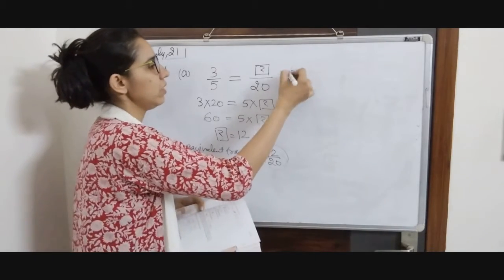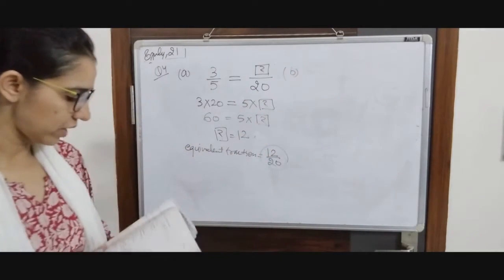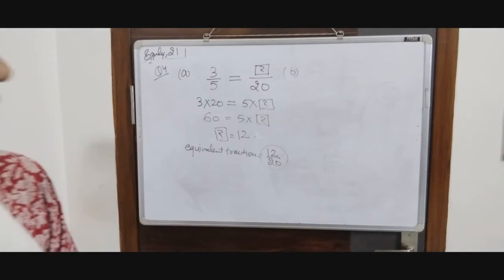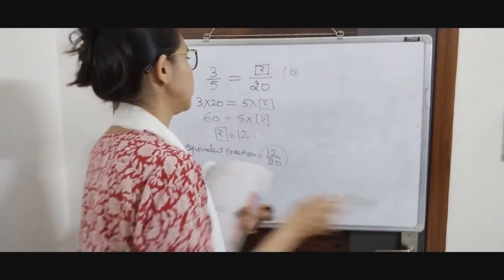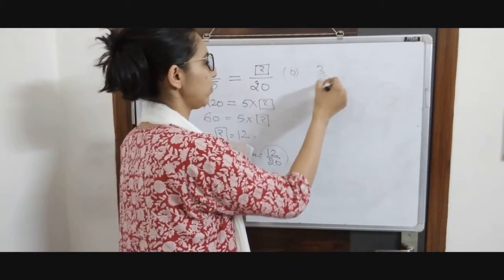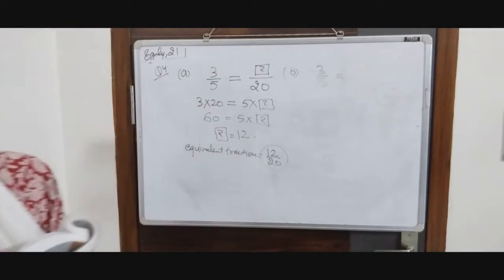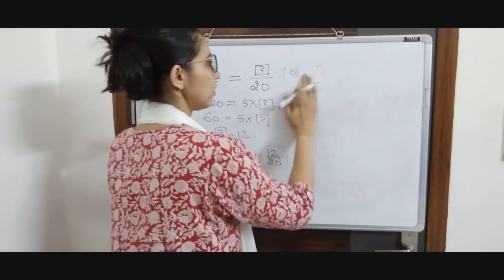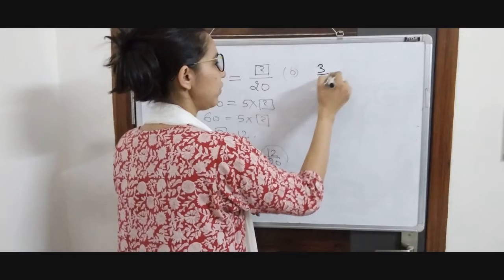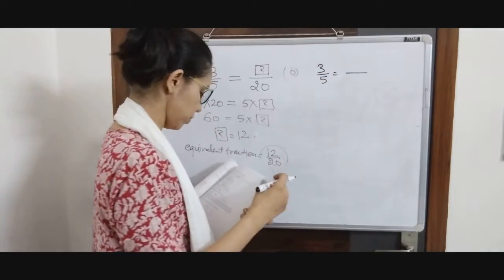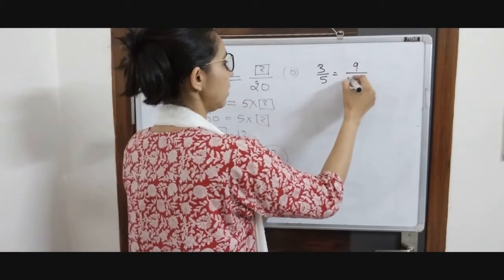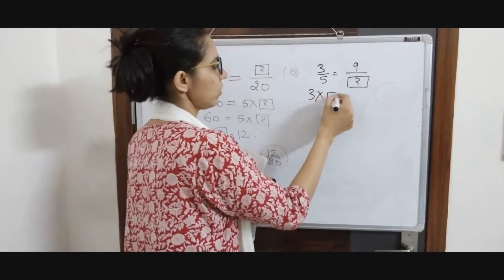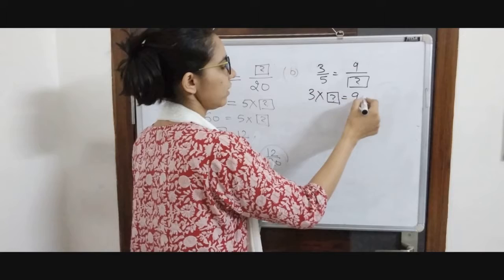Okay, similarly B, in B we have to find out the equivalent fraction of 3 by 5 with numerator 9. Okay, numerator 9 and this. Okay, 3 into dash is equal to 9 into 5.